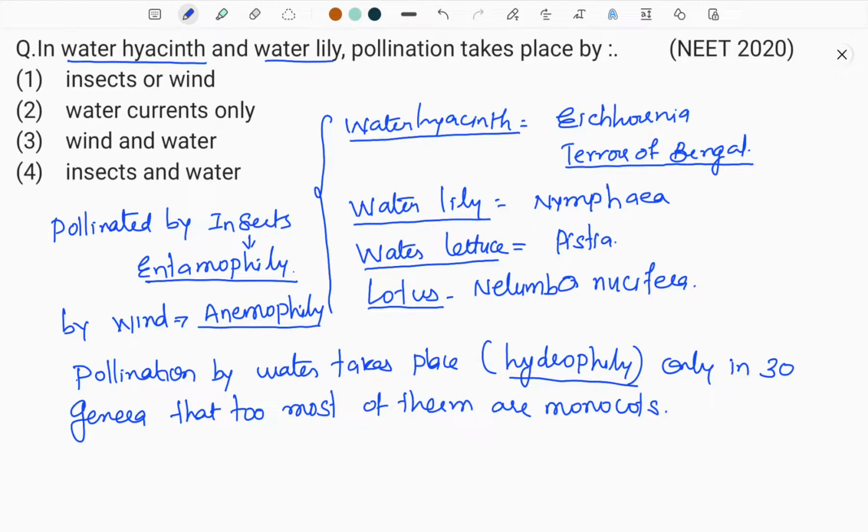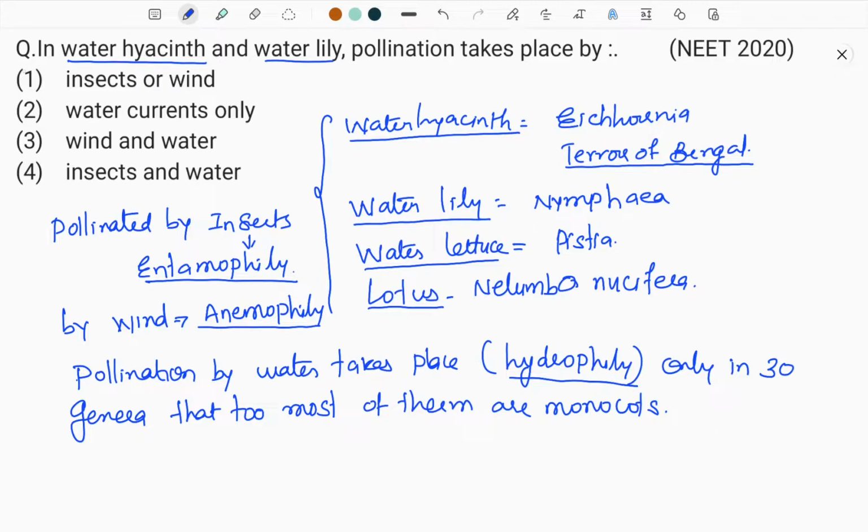So majority of the pollen grains will go waste, as well as the female flowers also will go waste. So all these hydrophytes avoid the so-called hydrophily. Majority of the hydrophytes, though they are living in water, perform pollination by insects or wind.